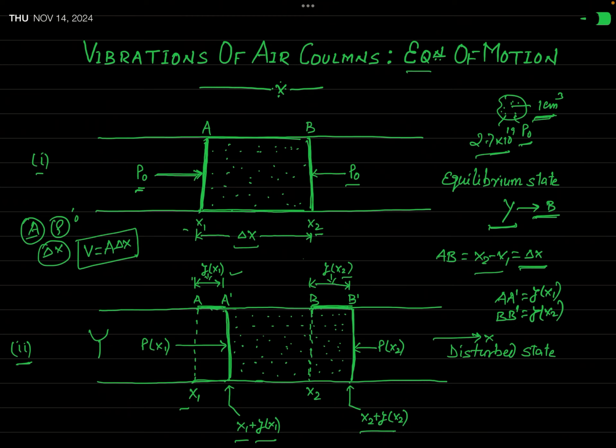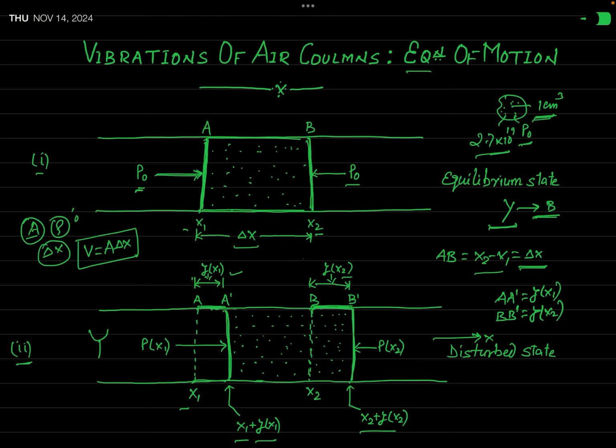But in this present calculation, I have assumed that the displacement of plane B is greater than that of plane A. So in this condition, as a whole, there will be an increase in length of the column of the gas, that is, an increase in length of this element AB.